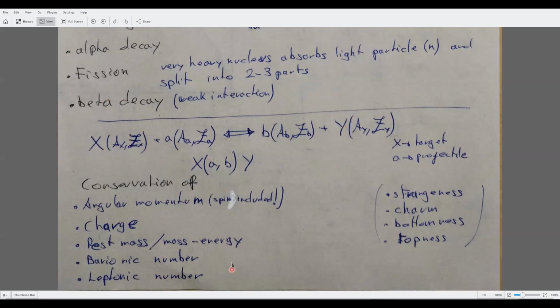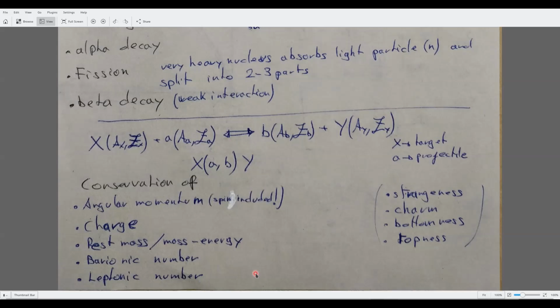We mentioned before, baryonic number, leptonic number, remember that the antiparticle has the opposite value of its particle. So if an electron is 1, the positron, that is an anti-electron, is -1.